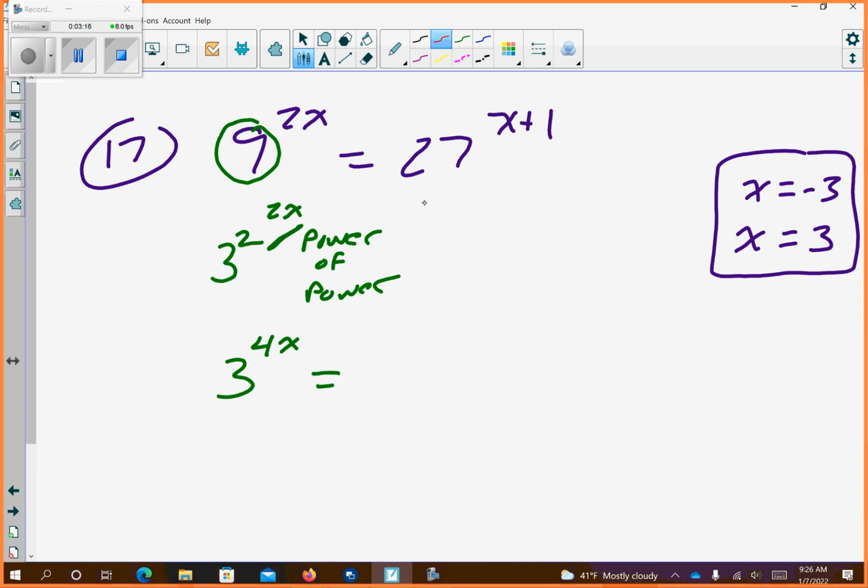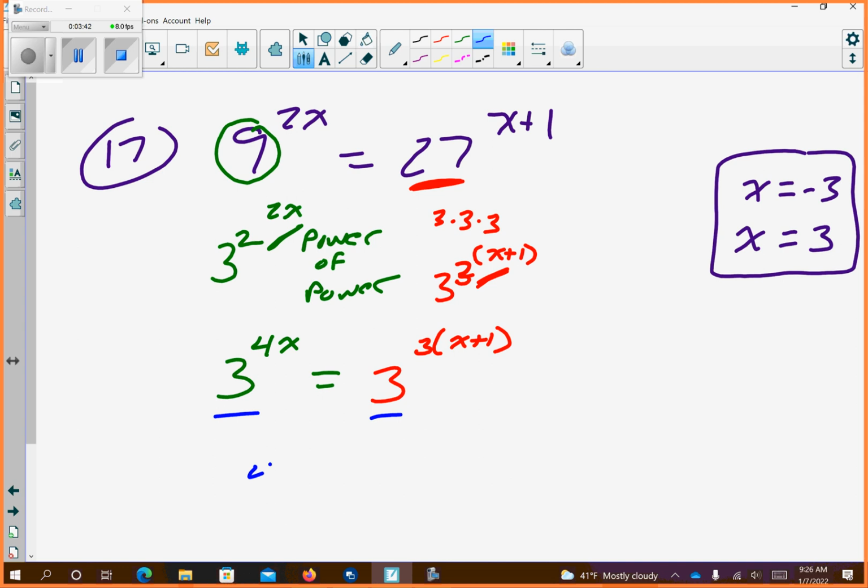And then if I were to take this, 27 is the same thing as 3 times 3 times 3, which is 3 to the third. Oops, 3 to the third. And then that's raised to the x plus 1. So again, you have power of power here. So then you multiply 3 times x plus 1. So if our bases are truly the same, which and now they are, we've modified it.